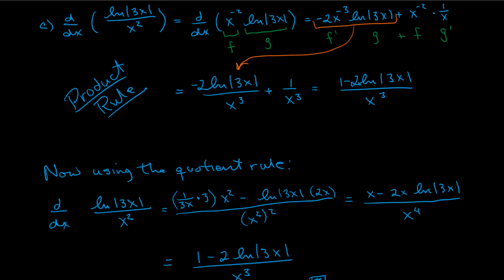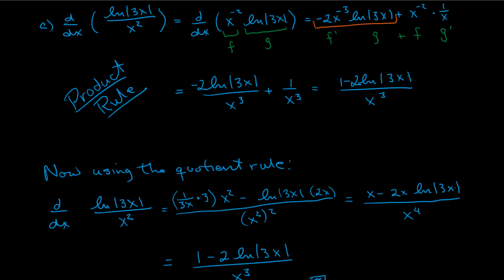So it's going to be negative 2 natural log absolute value of 3x over x cubed. Then the second term is really 1 over x squared times 1 over x. Well, that's 1 over x cubed.